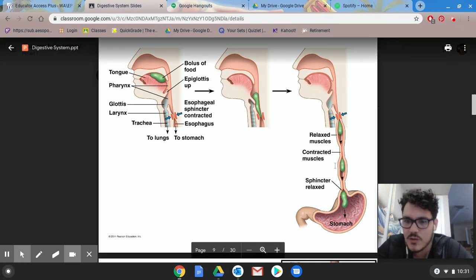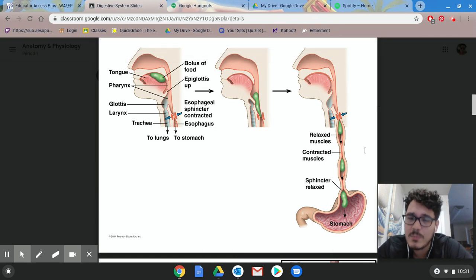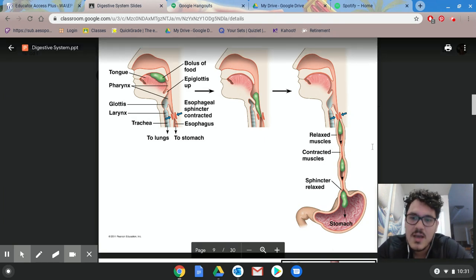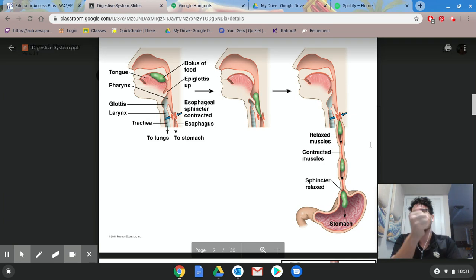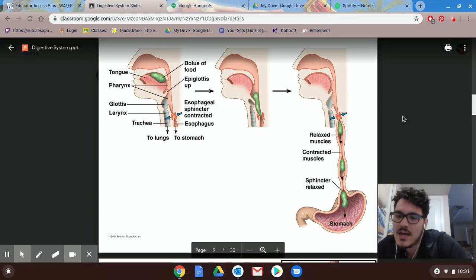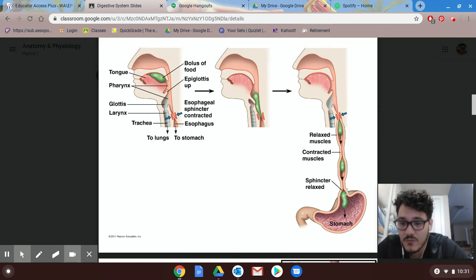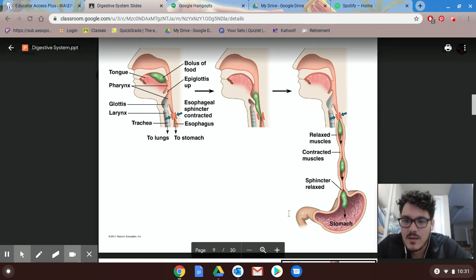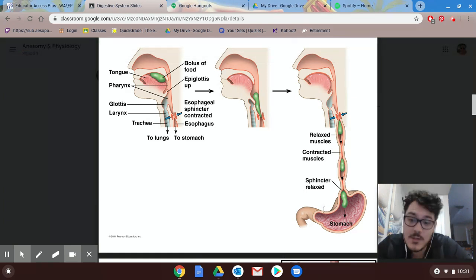And then this picture on the right does an amazing job of showing us how peristalsis works. It is literally the squeezing process of moving things downward. Yes, gravitational forces definitely help with the movement of food. But when we get to the small intestine, and especially the large intestine, we'll notice that gravitational forces don't always help when it comes down to moving things in one direction.